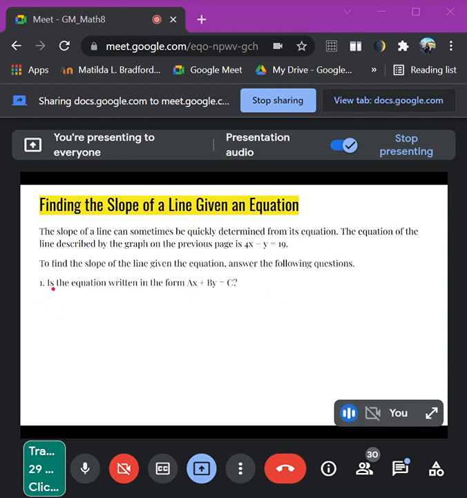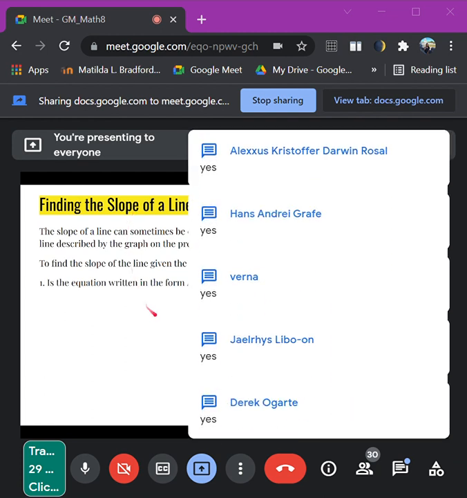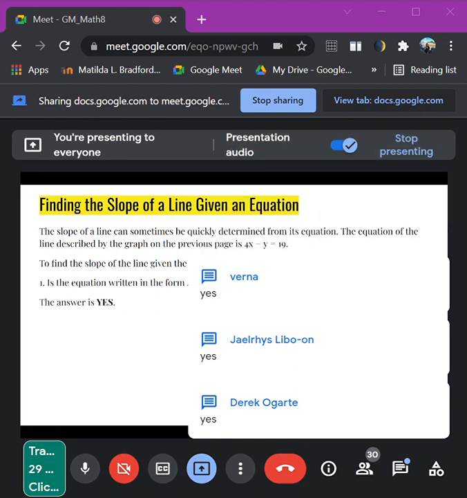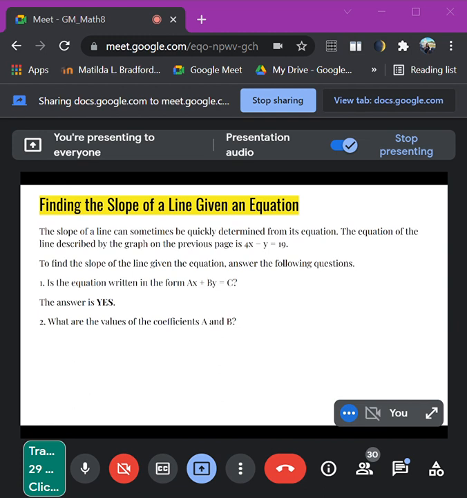We have there, is the equation written in the form ax plus by is equals to c? Or shall we say, standard form ba siya? Yes or no? Okay, very good. The answer there is yes. How about for our next question? What are the values of the coefficients a and b? Unsay coefficients dinhi, since standard form naman siya.